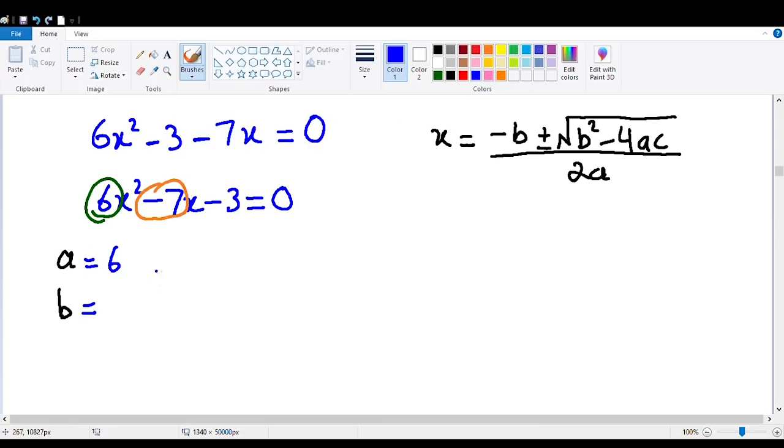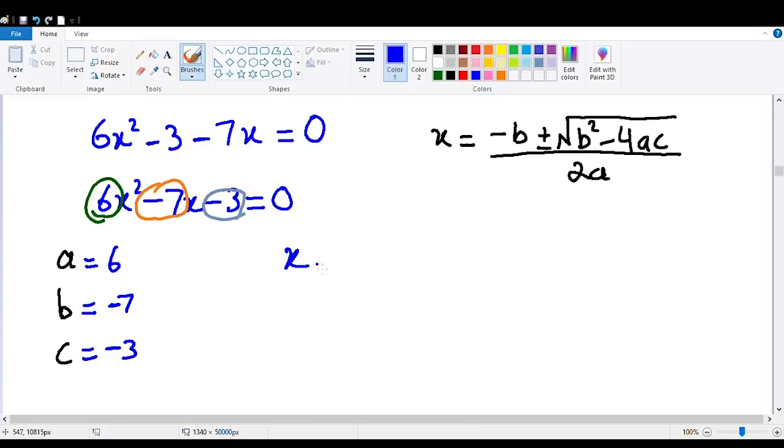So b is minus 7. And for c, it equals minus 3. So now we can just pop in the values and we'll get the answer.